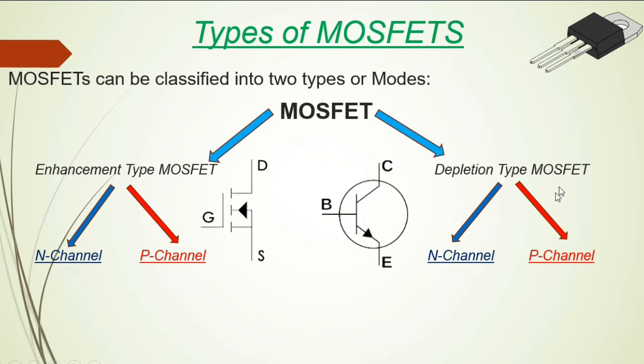For the depletion type MOSFET, we also have two types, N-channel MOSFETs and P-channel MOSFETs. The same for the enhancement type MOSFET, there are two types, P-channel MOSFET and N-channel MOSFET.